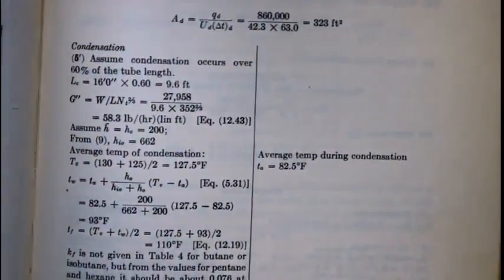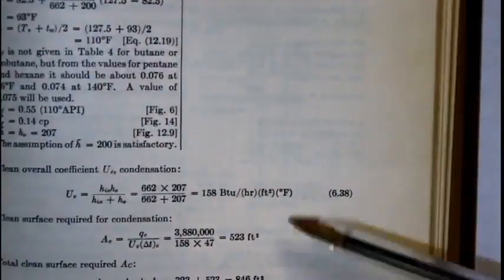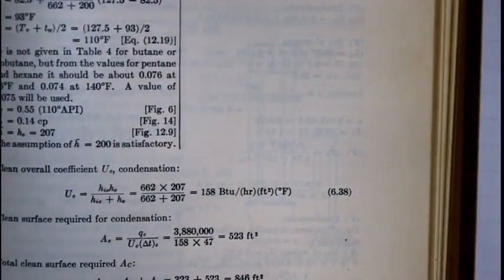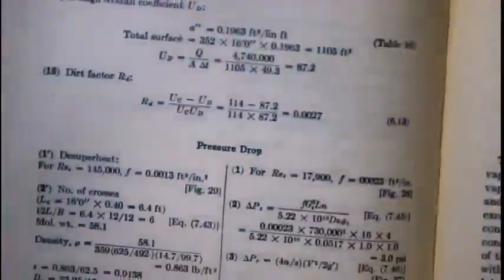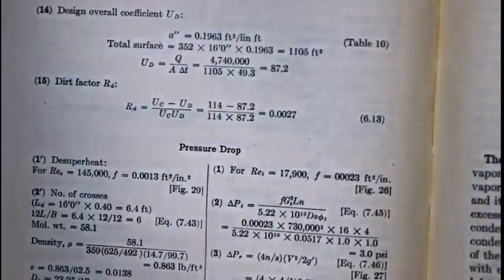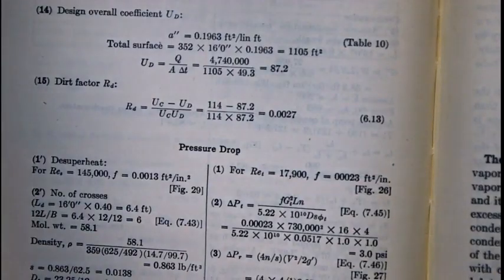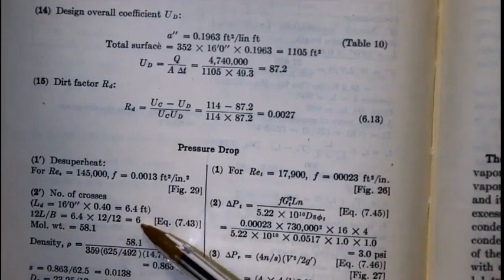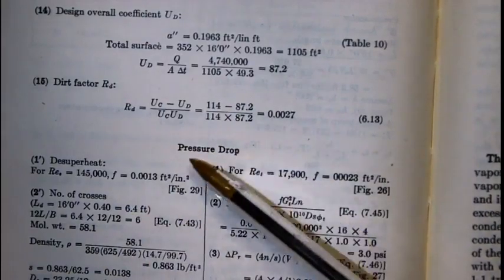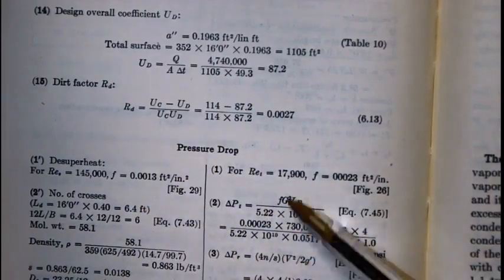Away I go. At the very end, I check how much area I have versus the area that I perhaps need, and see if I can use that piece of equipment for the process. Then I might recognize that I need pressure drop and do pressure drop calculations.